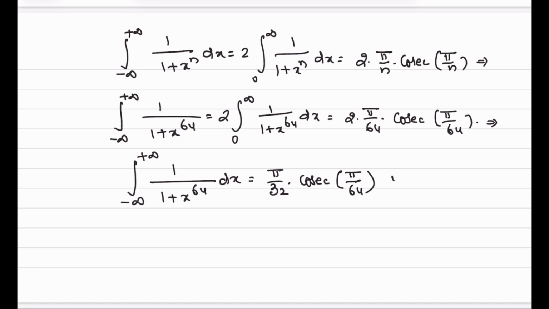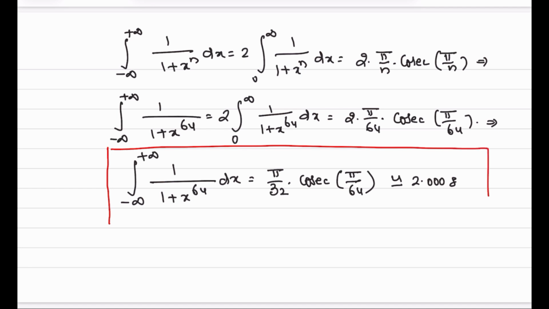This value is approximately equal to 2.00. Some 8 is there after 3 zeros. You can neglect that if you are not asked to do exact calculation. This much answer is correct.